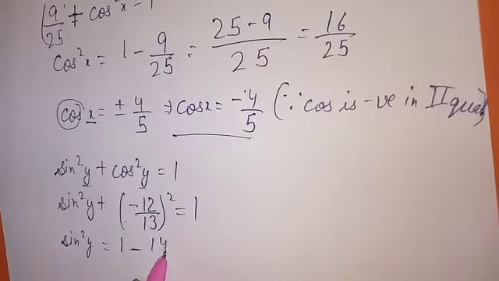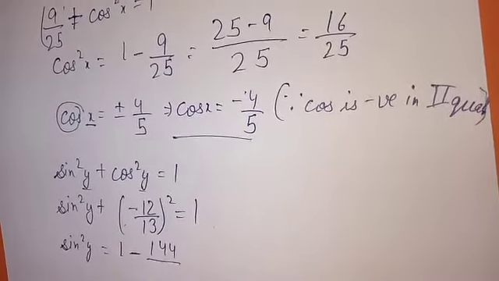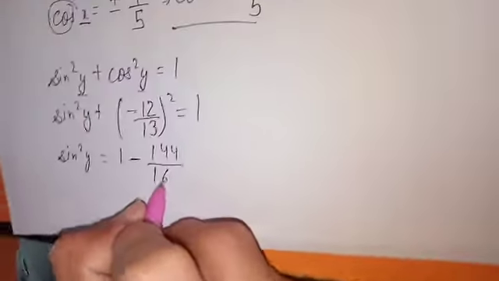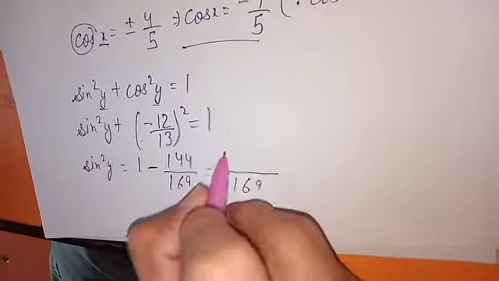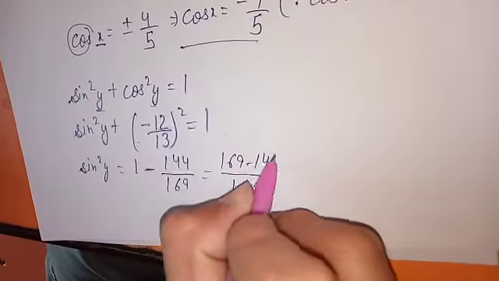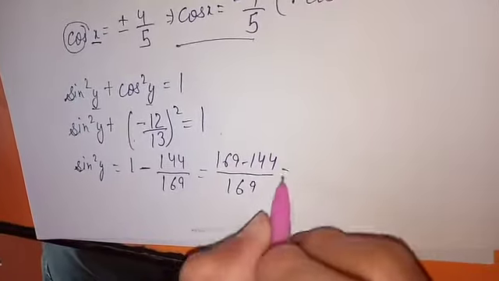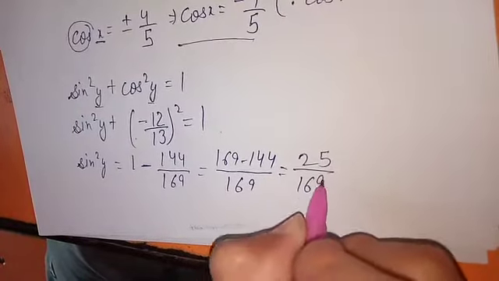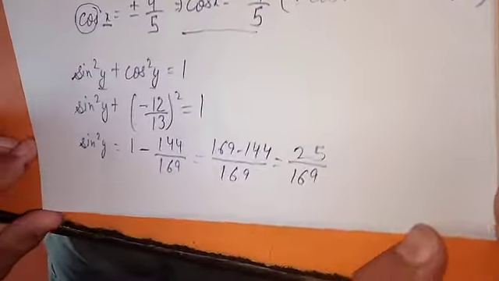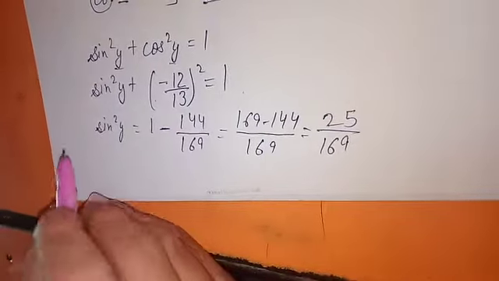Square of 12 is 144 by square of 13 is 169. So 169 is the LCM, 169 minus 144. So we get 25 by 169. Okay, it is the value of sin square y.